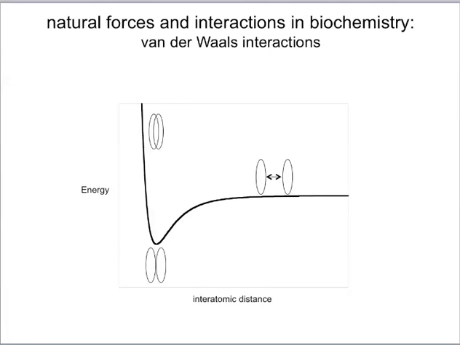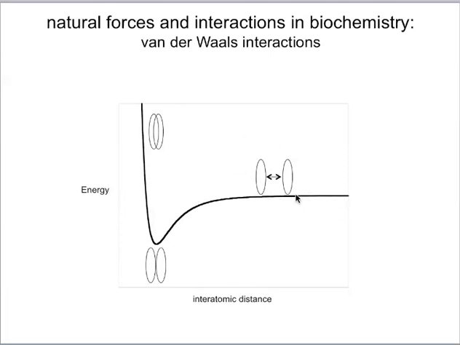This is a free energy diagram, and I really like to draw these kinds of curves. They allow us to think about some of the mathematical formulations of these interactions a little bit more simply. What we can see is that there's an energy on this axis, interatomic distance along the x-axis, and let's consider this line to be 0. At long distances, neither of these spheres can sense each other at all.